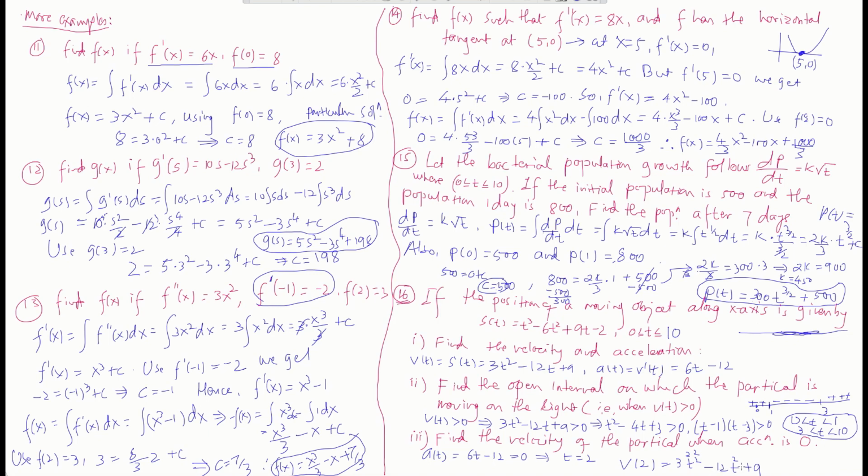Minus 12 times 2 is 24. So 12 minus 24 is negative 12, plus 9 is negative 3. So basically this value is negative 3. This is the final answer.